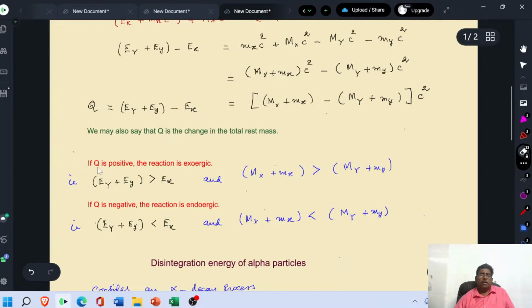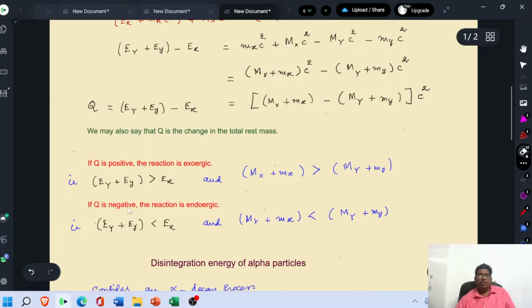Here, if Q is positive, the reaction is exergic, that means some amount of energy is released. If Q is negative, the reaction is endergic. For positive Q, the value of Ex should be lesser than EY plus Ey, and the quantity Mx plus MX should be greater than that of MY plus My.